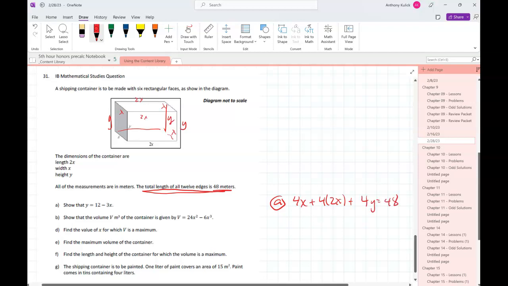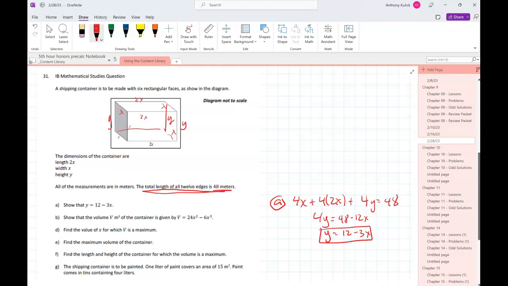And when I add up all those sides, I have to get 48. So 4x plus 8x is 12x. I'll just subtract that over. And then divide by 4. That's what it asked me to get, so I got it.